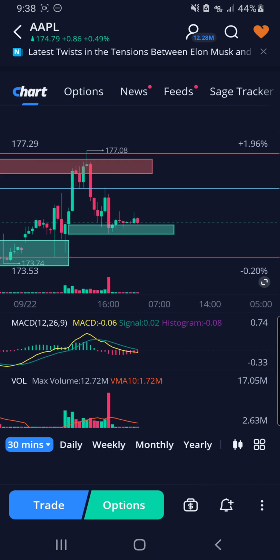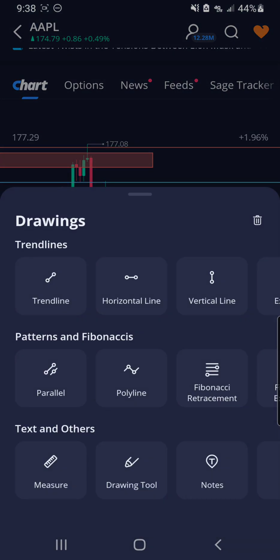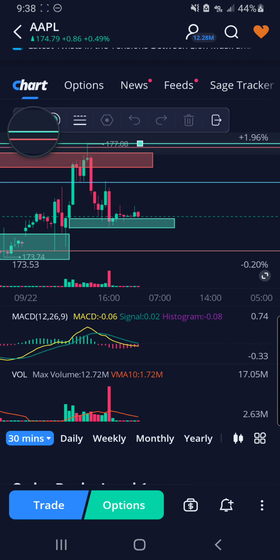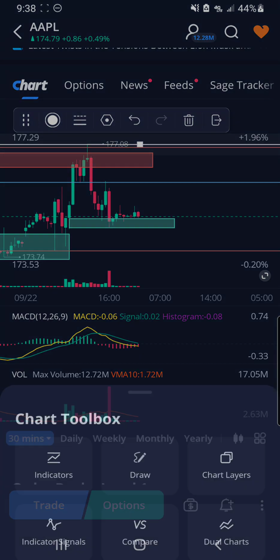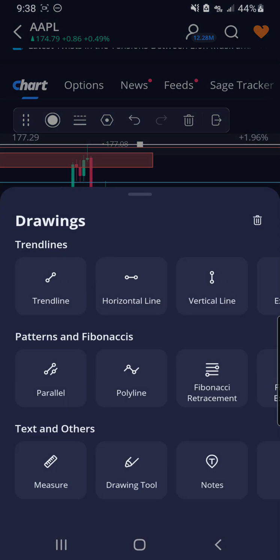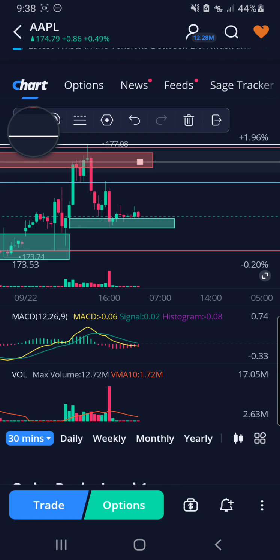And the price imbalance would be, to me, from here to there, or maybe even there.